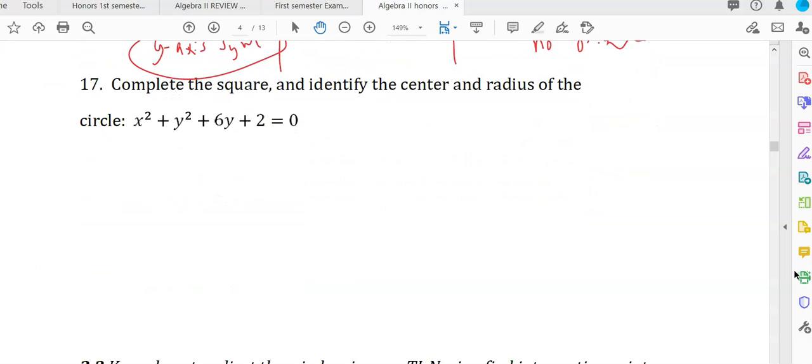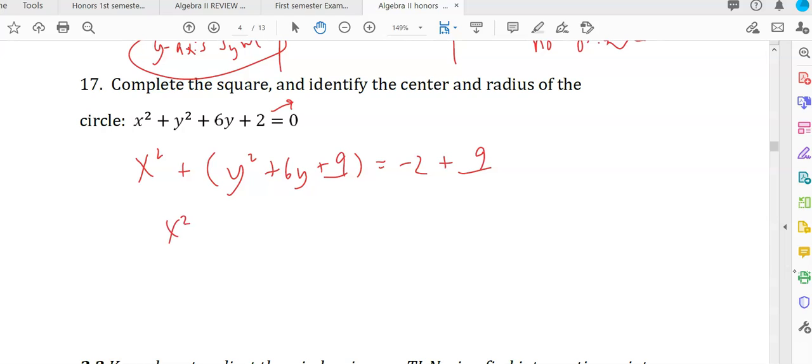Complete the square, identify the center and the radius. So this actually isn't as bad as it looks, I don't think. X squared plus, let's group the y, there's no x's to group it with. So y squared plus 6y plus blank equals, let's move the 2 over by subtracting, so negative 2 plus blank. Half of 6 squared is 9, so I'm going to add 9 to both sides.